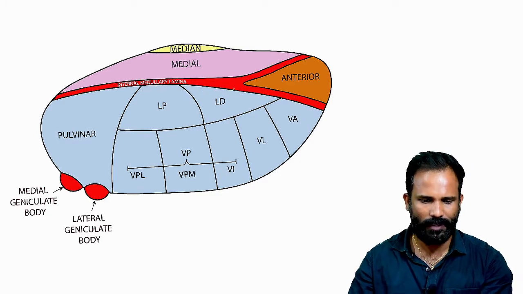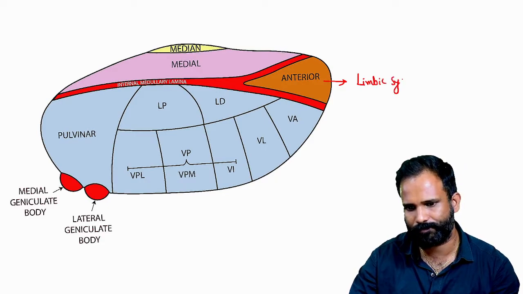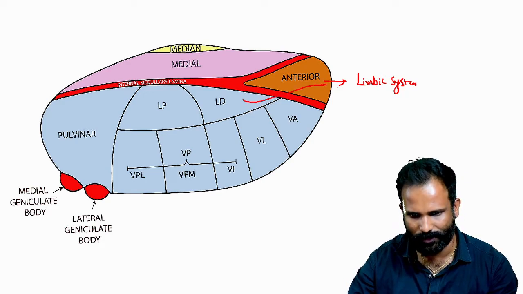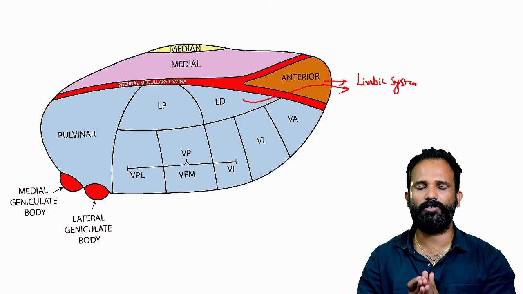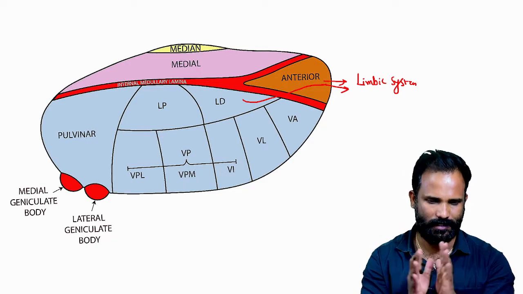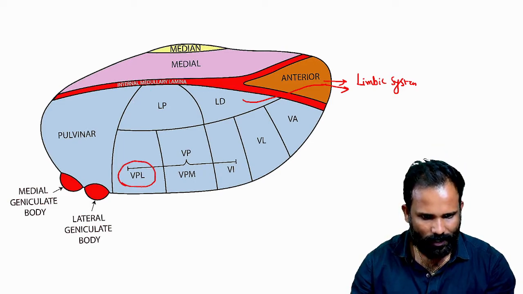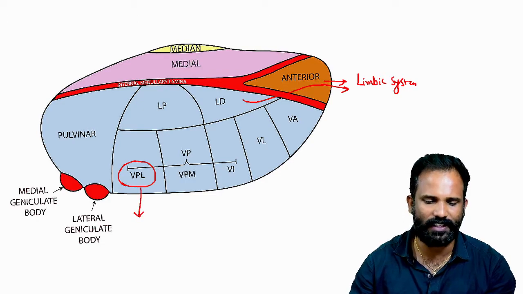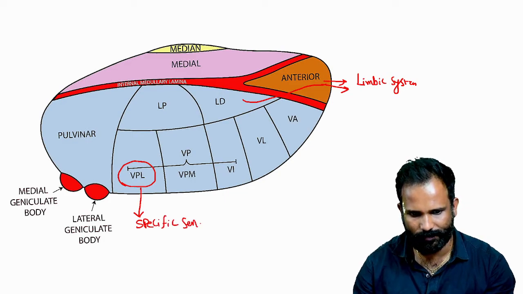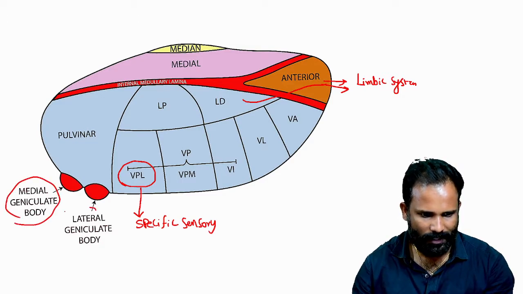So the anterior one is a limbic system nucleus, in addition to the dorsolateral. So anterior and dorsolateral form the nuclei connected to the limbic system. Now here the ventroposterior nucleus, specifically ventroposterolateral, is the specific sensory nucleus, in addition to the medial geniculate body and lateral geniculate body.